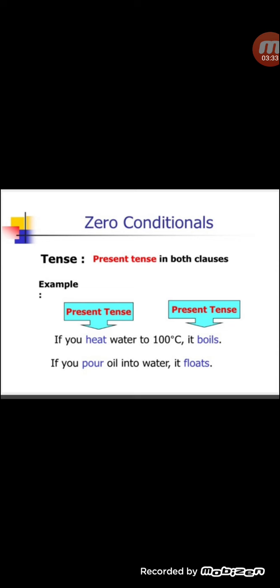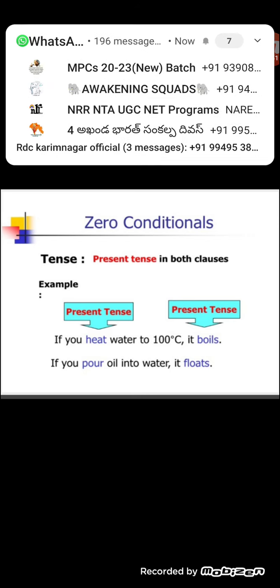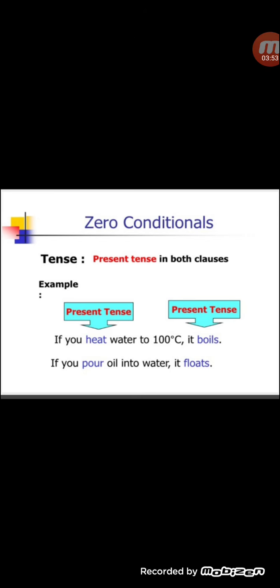Okay. If you heat water to 100 degrees Celsius, it boils. Here we can see if we heat water, it definitely boils. It is a universal fact or universal truth. There is no change in its process. Okay. If you put anything in the fridge, it will be frozen.